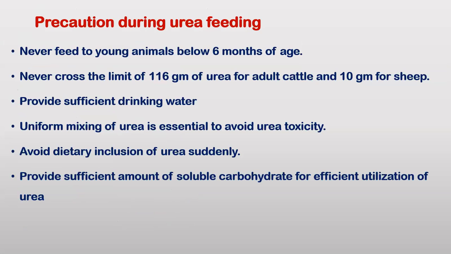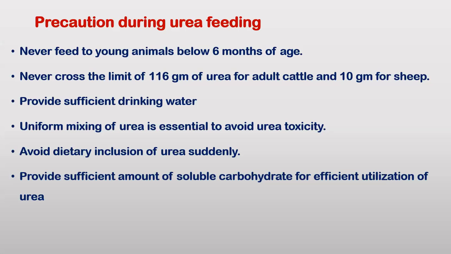If the rumen is not developed, urea will not be utilized properly, and it may cause toxicity to that animal. So we cannot offer urea treated feed to the calf below 6 months of age. Never cross the limit of 116 gram of urea for adult cattle and 10 gram for sheep. Just remember this value, and provide a sufficient amount of drinking water while feeding urea treated straw.